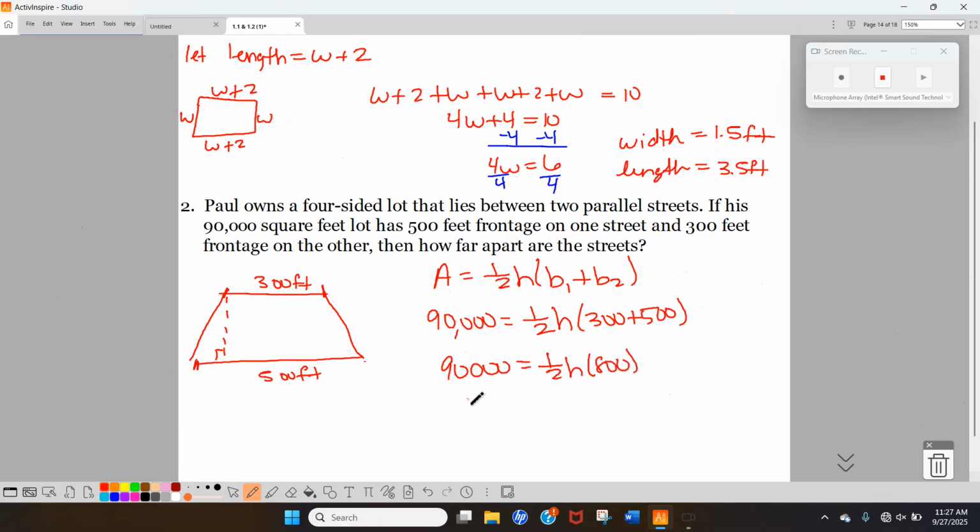So then it would be 400h. Then we can divide by 400. And you get, I don't remember, so let's check it. 90,000 divided by 400 is 225.